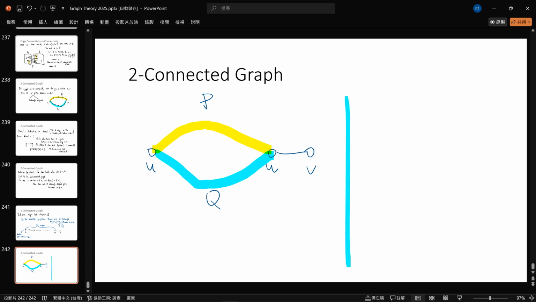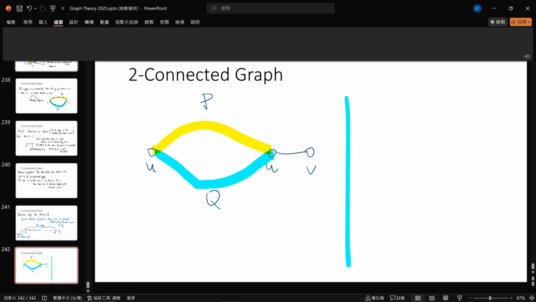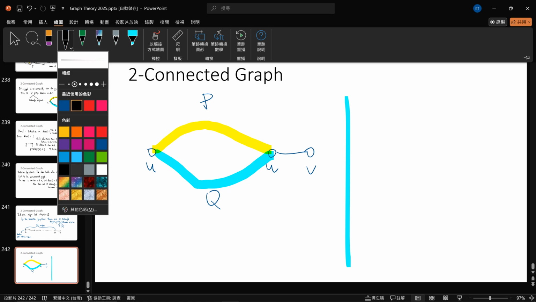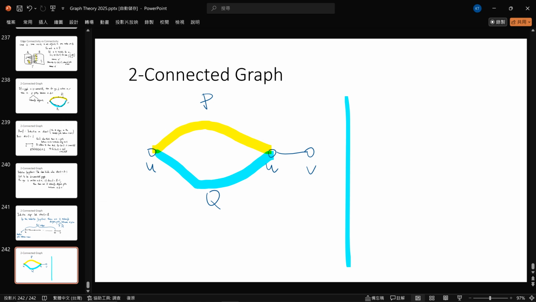So first, let's consider a simple case, and see if you can figure out how to create these two paths.